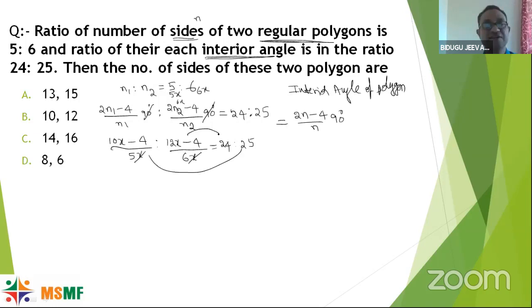You get the simple 25 into this one. That is 5 into (10x minus 4), 6 into 24, 4 into (12x minus 4). Now get the answer. So it is 50x minus 20 is equal to 40x plus 16. So 2x is equal to 4, x is equal to 2.